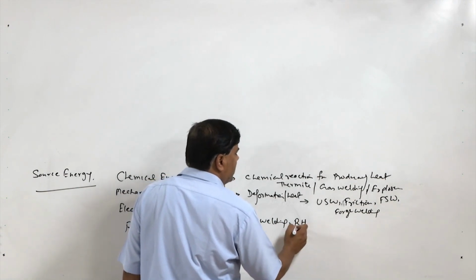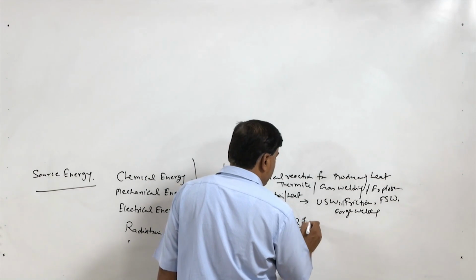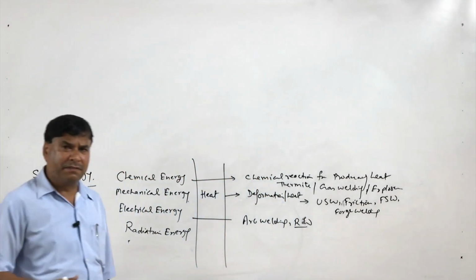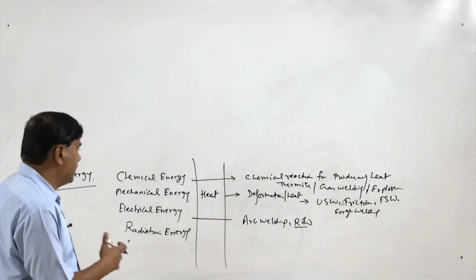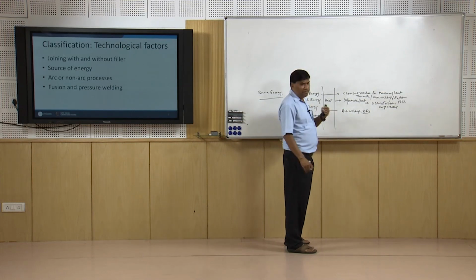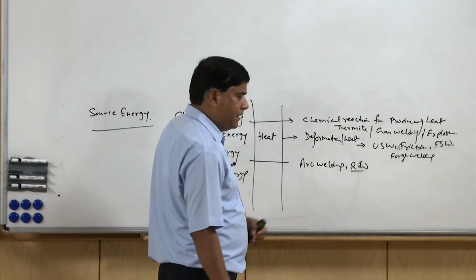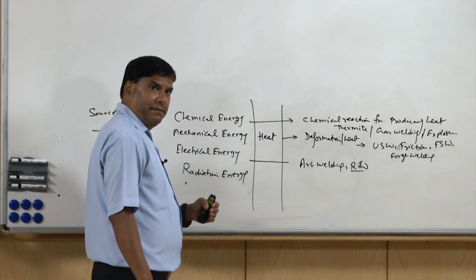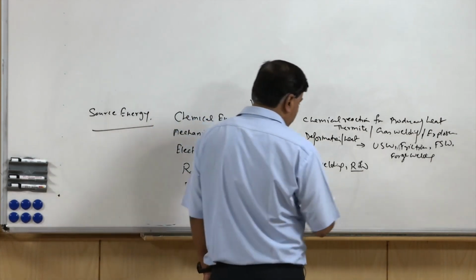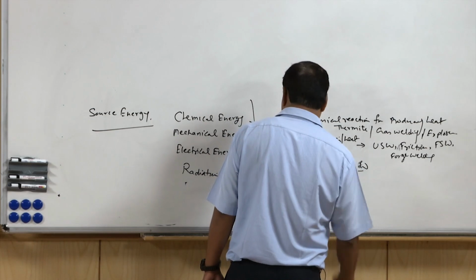Electrical resistance heating means the resistance welding processes, like the spot welding, seam welding, projection welding, stud welding, etc., and the arc welding processes, like the shielded metal arc, gas tungsten arc, gas metal arc welding, submerged arc welding, etc., and flash welding, etc. So many processes fall in this category.